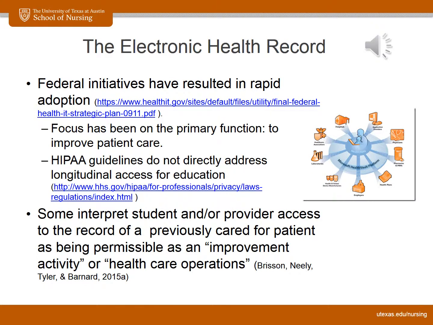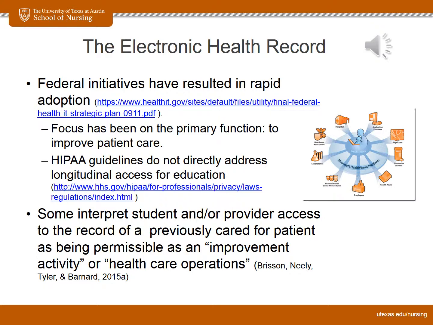So as we all are very familiar, there have been many federal initiatives that have resulted in rapid adoption of the electronic health record. The focus has been on a primary function, and that's to improve patient care. HIPAA guidelines and privacy guidelines do not directly address longitudinal access for education.